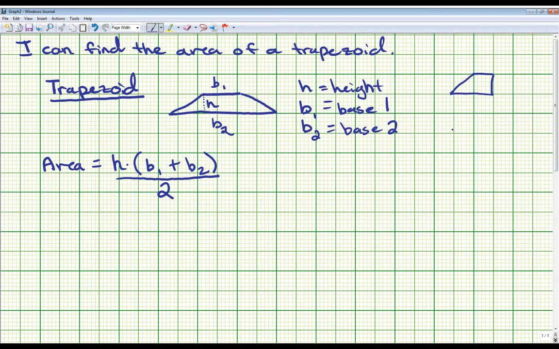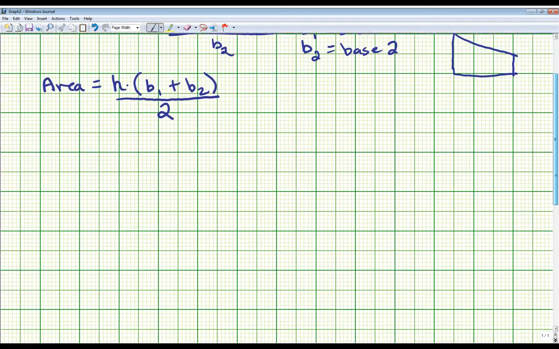And then sometimes they'll tip a trapezoid over on its side, and it'll look kind of funky, like this. So you have a trapezoid that's tipped over on its side. Just a couple other extra examples of different styles of trapezoids we might see.